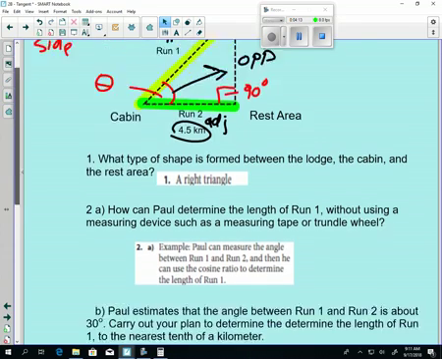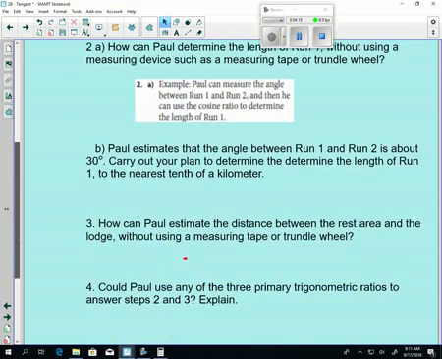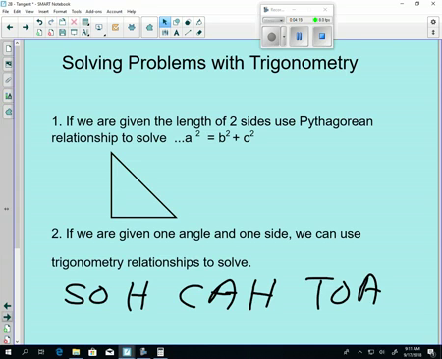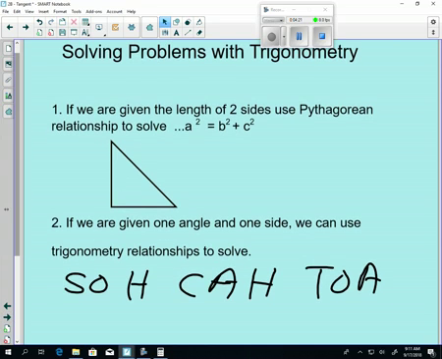Today we're going to look at one that can be used with tangent. So if we're given a length of 2 sides, we can use Pythagoras. This is what we did the first day. So if this is my right angle, this is my C side, A and B, we can always use Pythagoras. In this case here, they actually rename them.